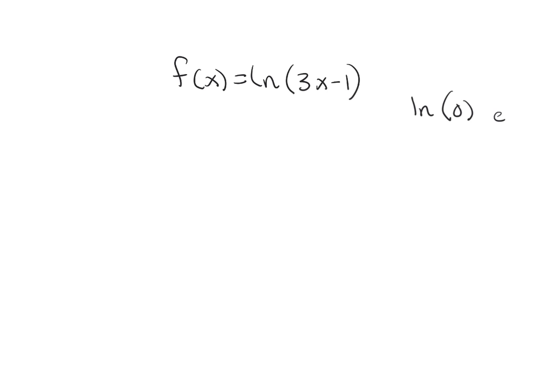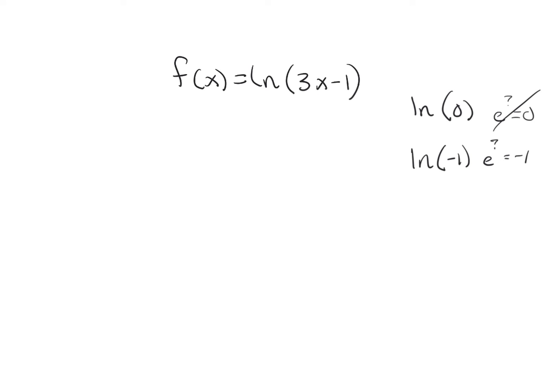All right, next example, let's look at a logarithm. f of x equals ln of 3x minus 1. Okay, so with logarithms, if you remember, I cannot have the logarithm of 0 because, let's see, e to what power equals 0? That can't work. And ln of a negative number can't work because base e is a positive number.